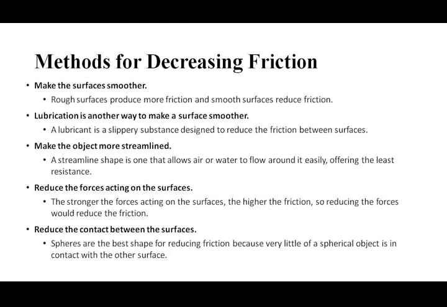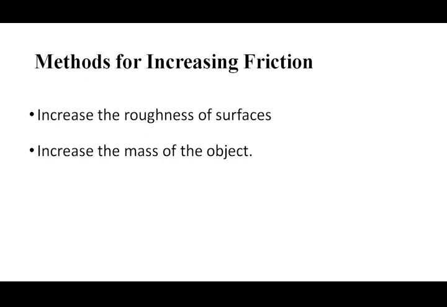When you make the objects streamlined, the surface area that the friction acts on decreases, and then the total friction that is acting on it also decreases. If the surface area decreases, then the friction also decreases, and if the force decreases, then the friction also decreases. Now, how can you increase friction?